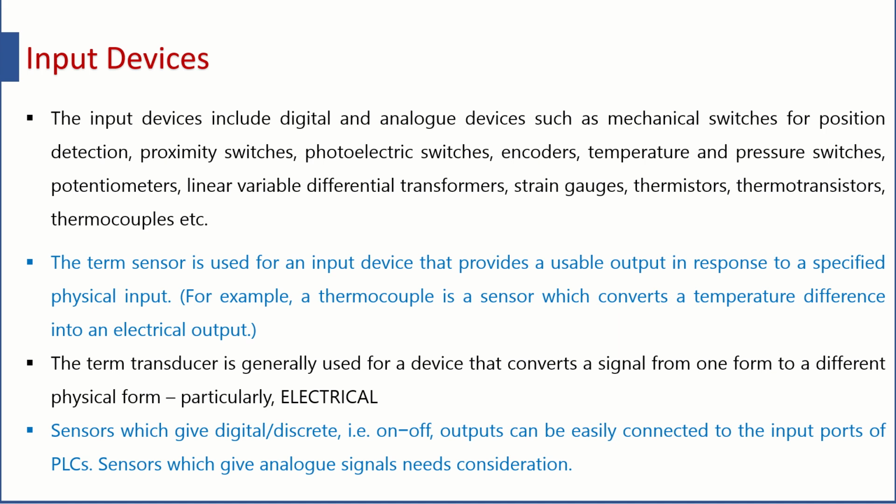So whenever such changes are there, and our human perception cannot feel the changes, then it is very much required that you employ a sensor. What does the sensor actually do? The sensor translates or interprets that change to a usable output. Usable in the sense that you are able to use that.